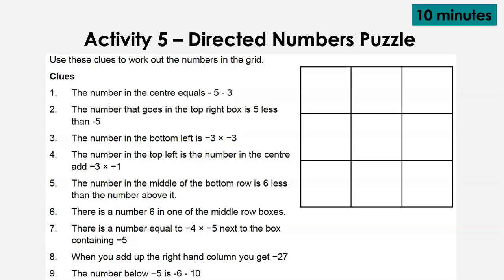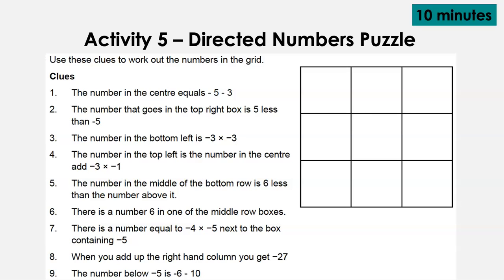The second clue says that the number that goes in the top right box is 5 less than -5. So if it's 5 less, remember we're going to go down the number line, further away from the positives. It tells you the number in the bottom left is -3 times -3, so I have to remember those new rules.